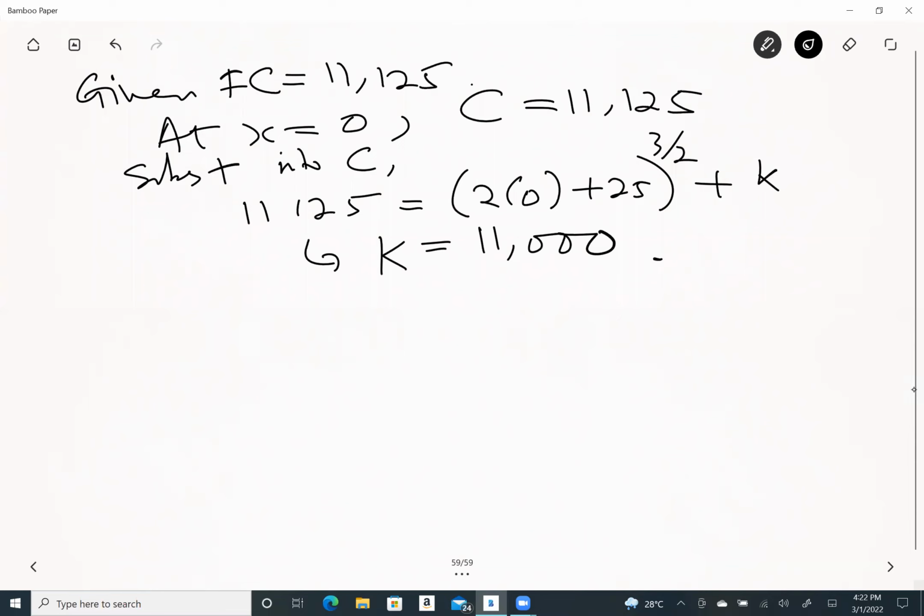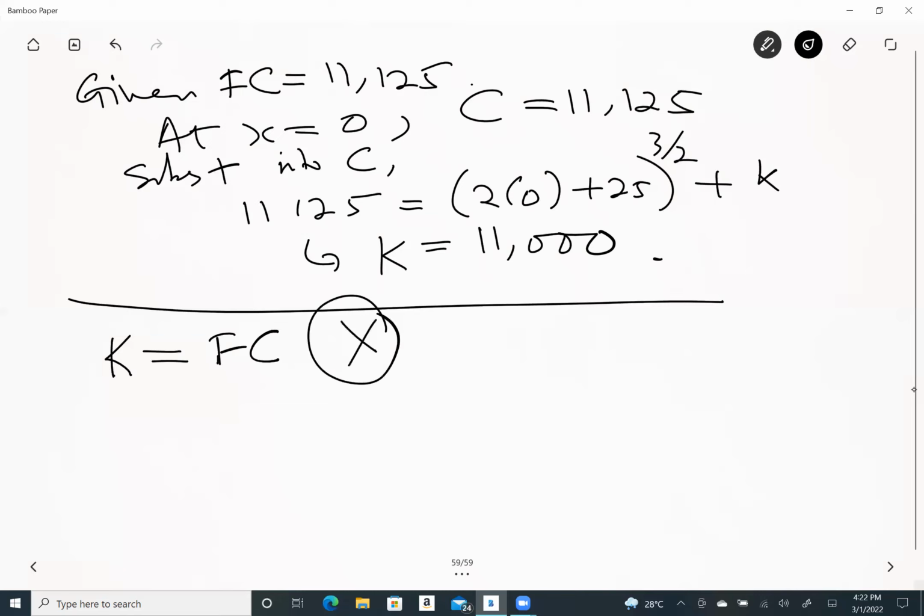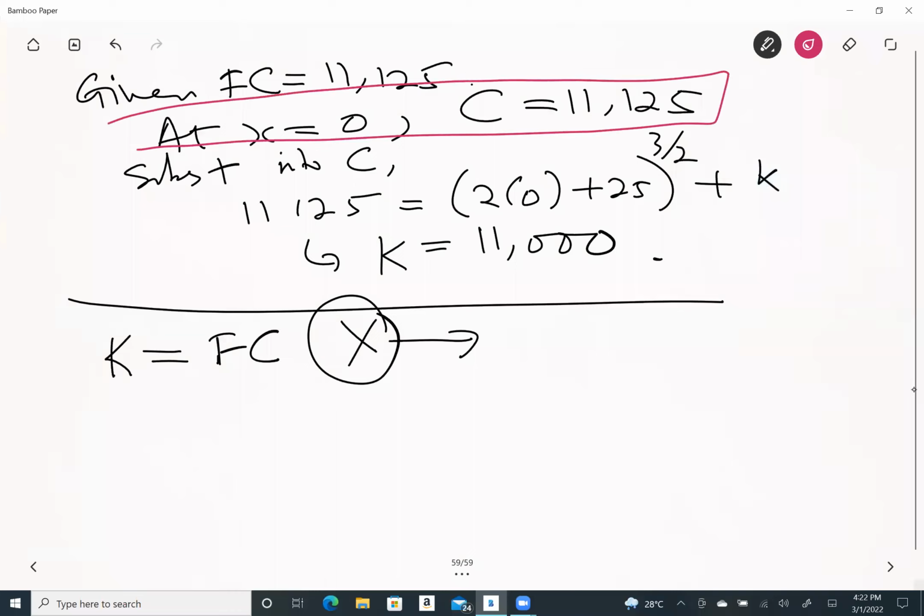So you cannot assume that K is the fixed cost. That is not correct. How do we do it? You have to use that point. Fixed cost is the cost at x equal to 0.